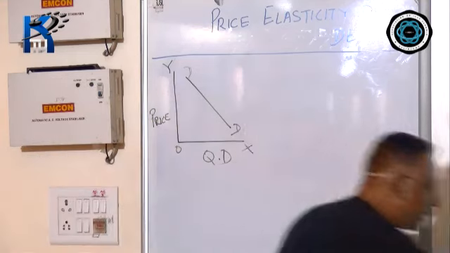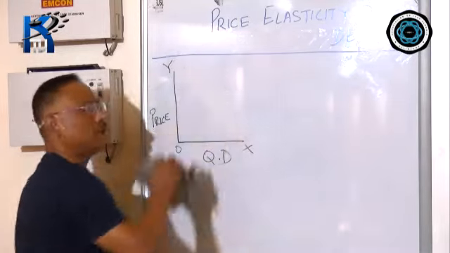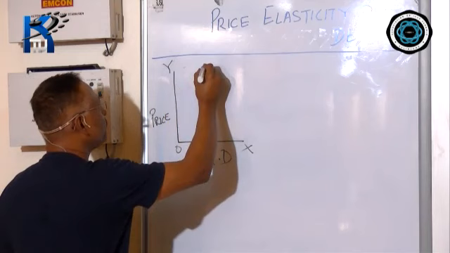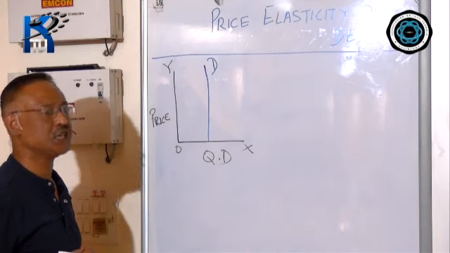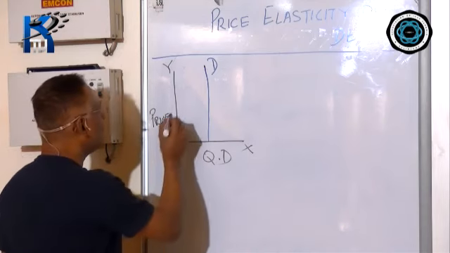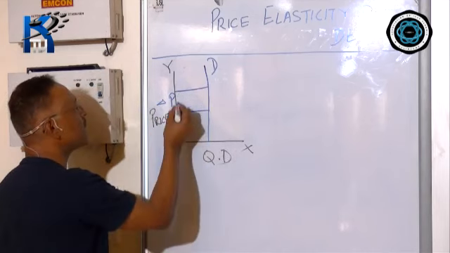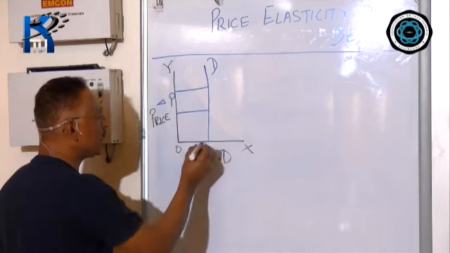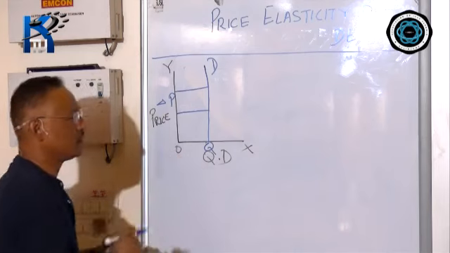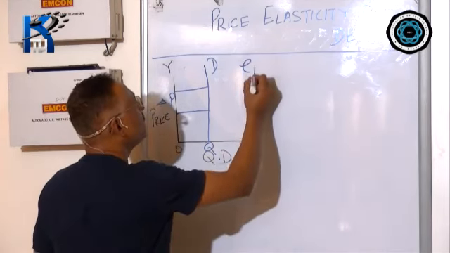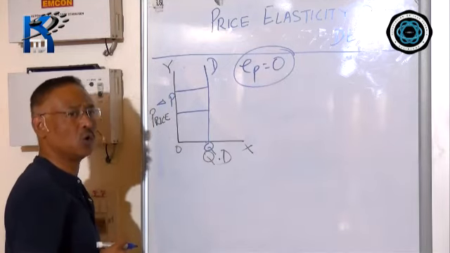But in perfectly inelastic, the demand curve will not be negative sloping, it will be straight. This is a perfectly inelastic demand curve. Here you will see that even if the price increases or decreases, the quantity demanded will remain the same. To understand the valuation of EP equal to 0, you have to know a formula.